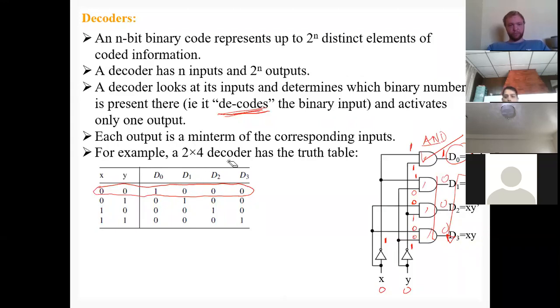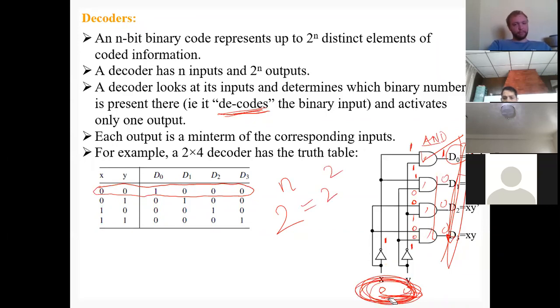So depending on how many inputs you have, you can make different decoders. So you have 2 inputs, then how many outputs in the decoder? 4. It's always 2 to the n. In this case, how many n here? 2. 2 to the 2. Suppose you use 3 inputs here. Suppose you have z here in the same way, right? You have another z here. Then what is your n?